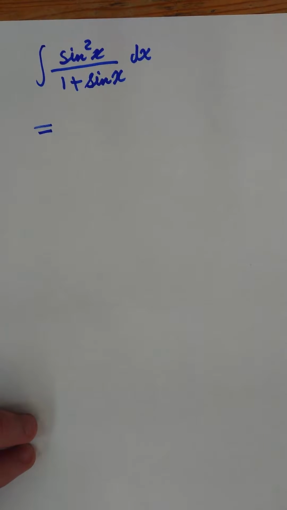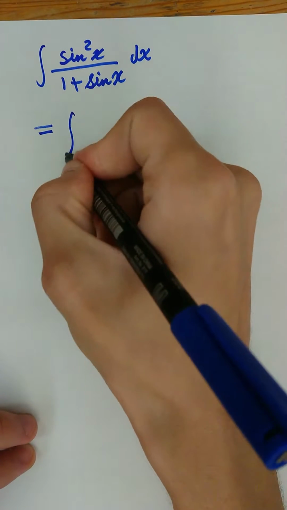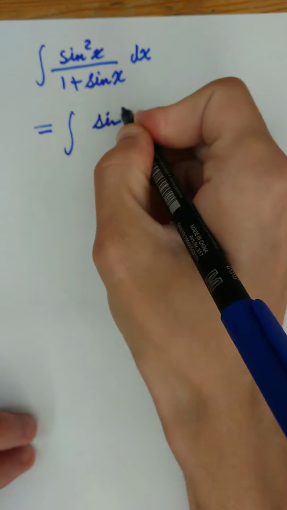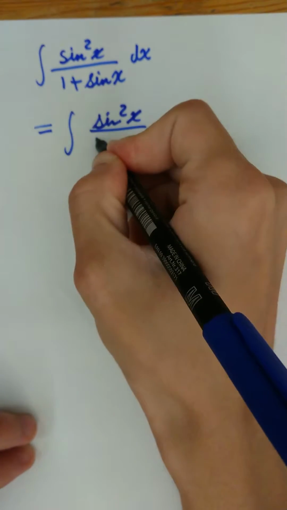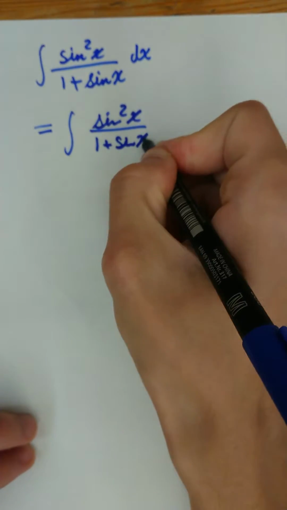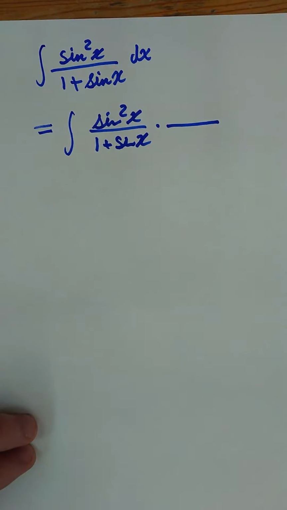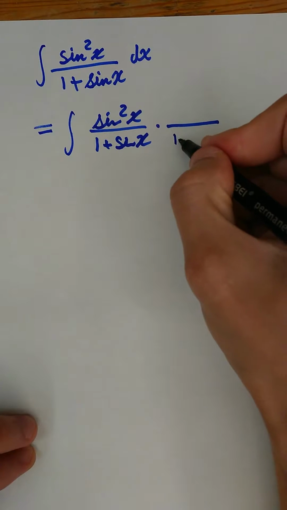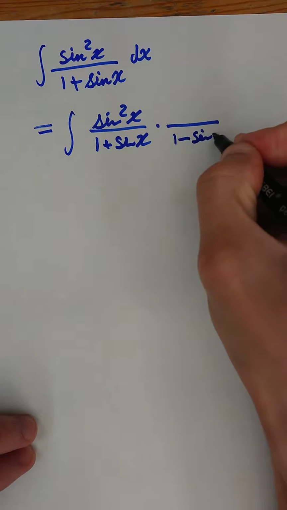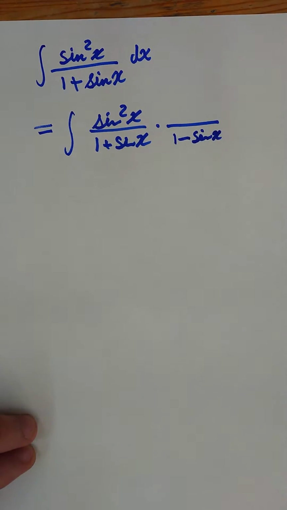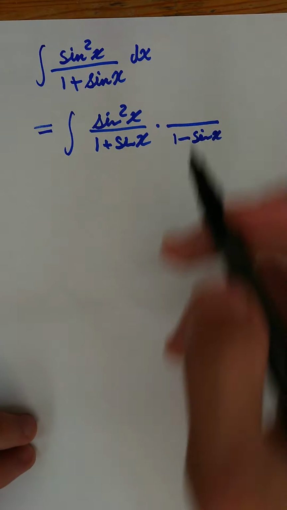So let's start here by multiplying by 1 minus sine x over 1 minus sine x. First I will repeat this part, 1 plus sine x. The denominator is not well organized, so we will multiply by 1 minus sine x so that we can get a 1 minus sine square x, which is equal to cosine square.